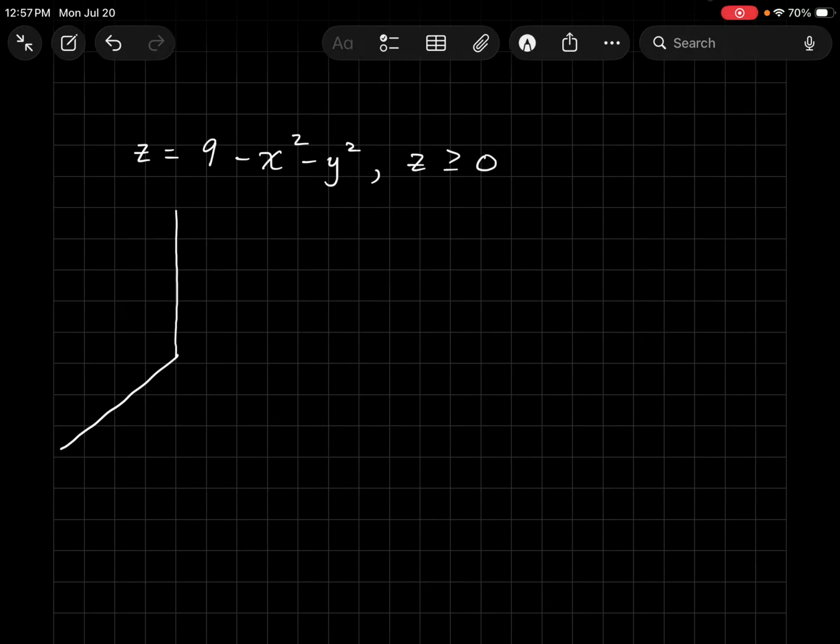I'll get my x, y, z in here. Remember that the solid lines we consider to be the positive axis and the dashed lines the negative axis. Not that we needed it here. So let's take a look at this part. If z is greater than or equal to 0, I know everything, if there's anything, will be above the xy plane.